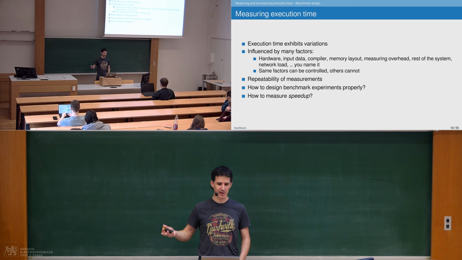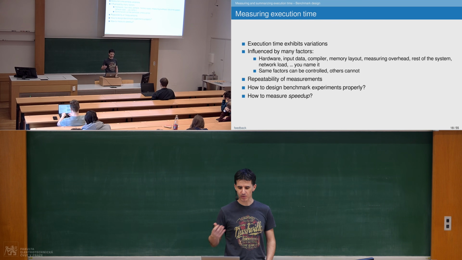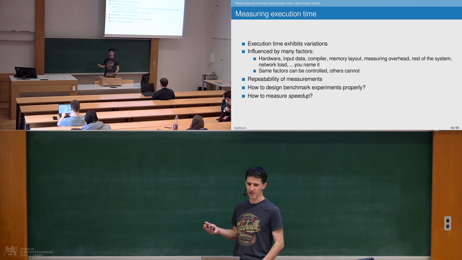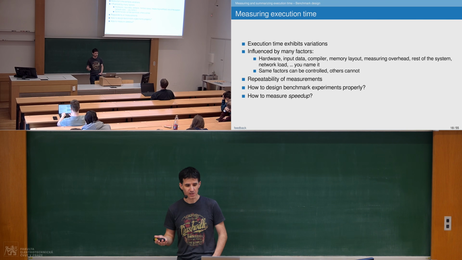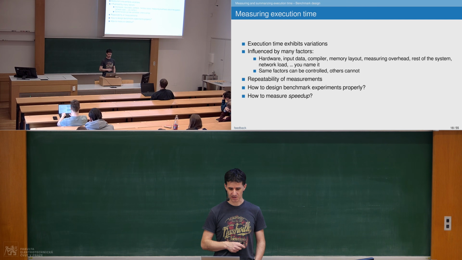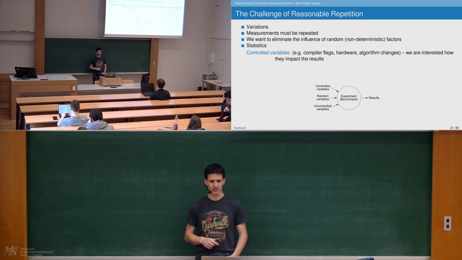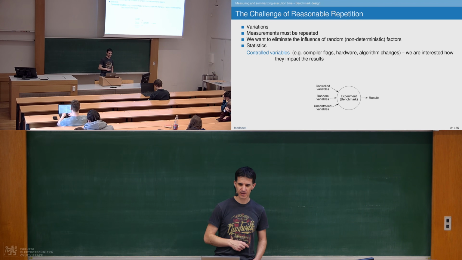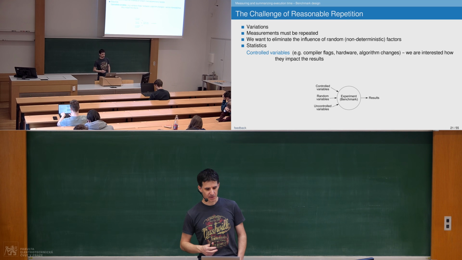So if you do benchmarking, you probably want to understand those factors and be able to control them, and for those factors which you can't control, you have to do something about that, and this something is typically some kind of statistics. So if we take it graphically, we basically need to deal with the variations.